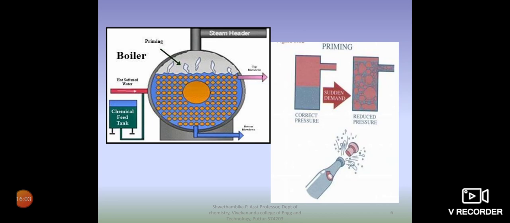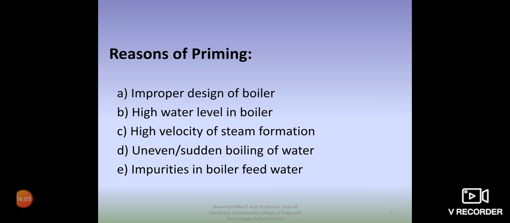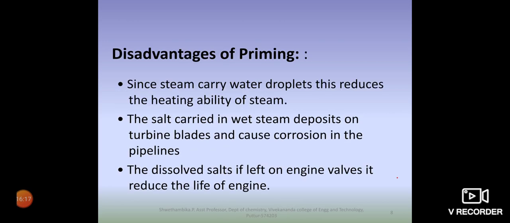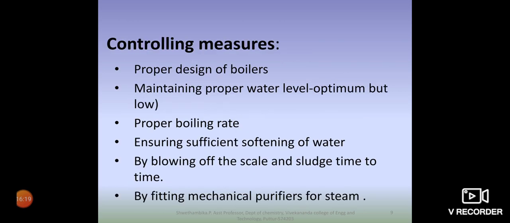Then you can directly go to slide number 7, where reasons of priming are listed in brief. That is, improper designing of boiler, high water level or velocity variation, then sudden or uneven boiling and impurities present. Disadvantages must be known, and any two controlling measures, if possible 4.